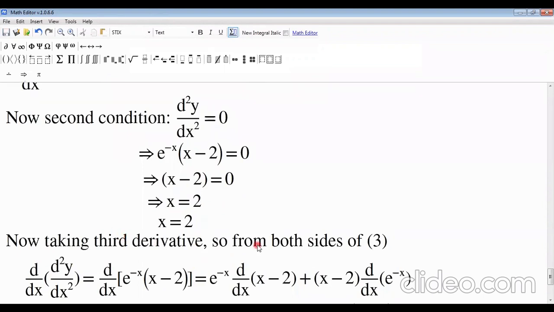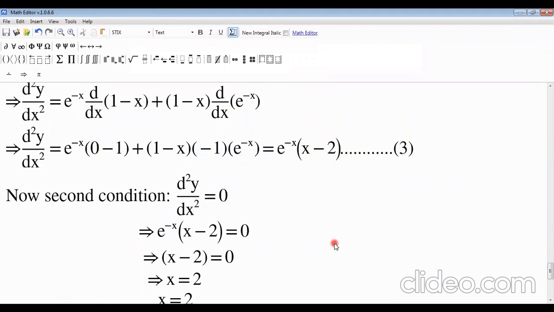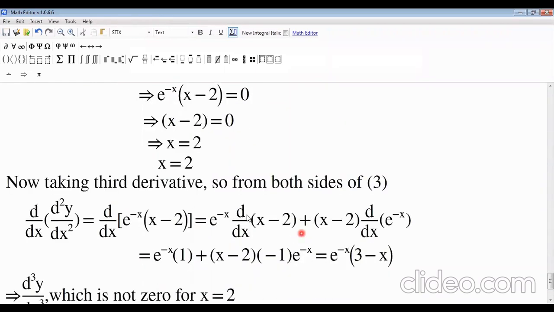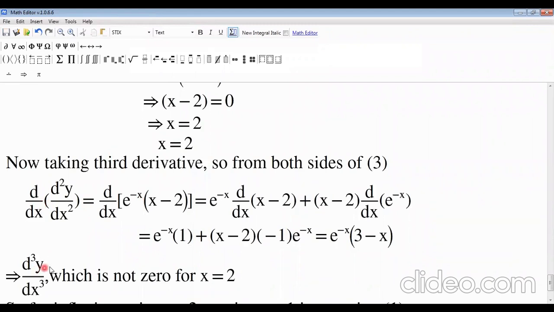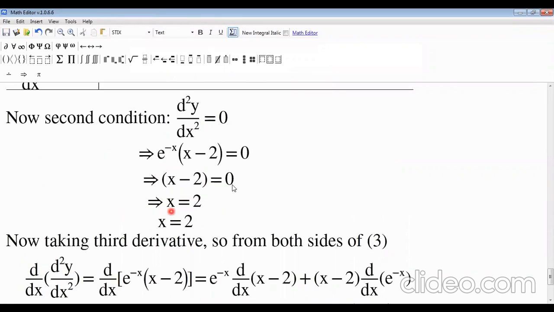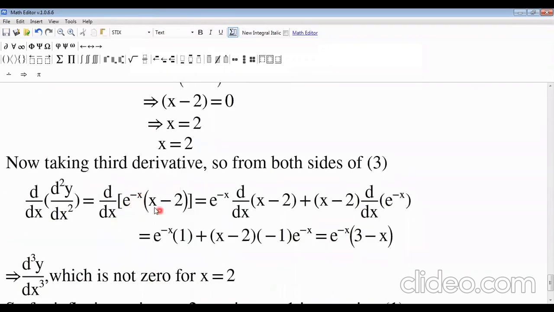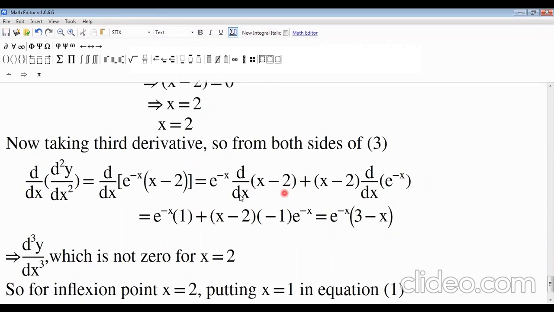Now taking the third derivative of the given function, that means taking d/dx on both sides of equation 3, we get d cube y by dx cube. Again the uv process: this is the first function and this is the second function, the product of two functions in derivatives. First function into d/dx of the second function plus second function into the derivative of the first function. So e to the power minus x stays the same, and the differentiation of (x minus 2) is 1, plus (x minus 2) times minus 1 into e to the power minus x.